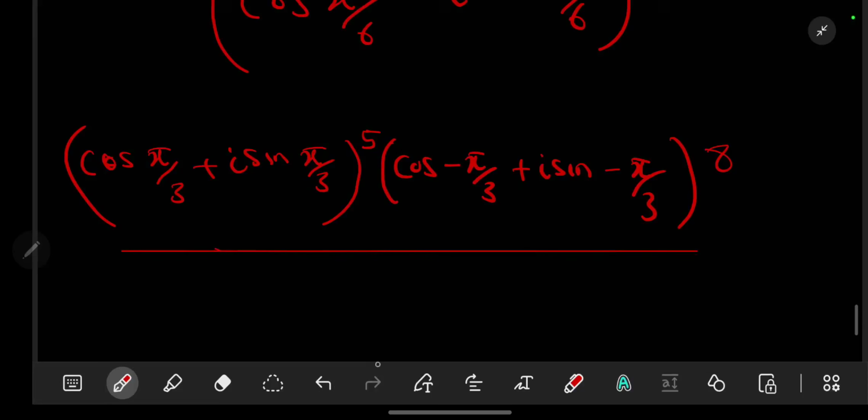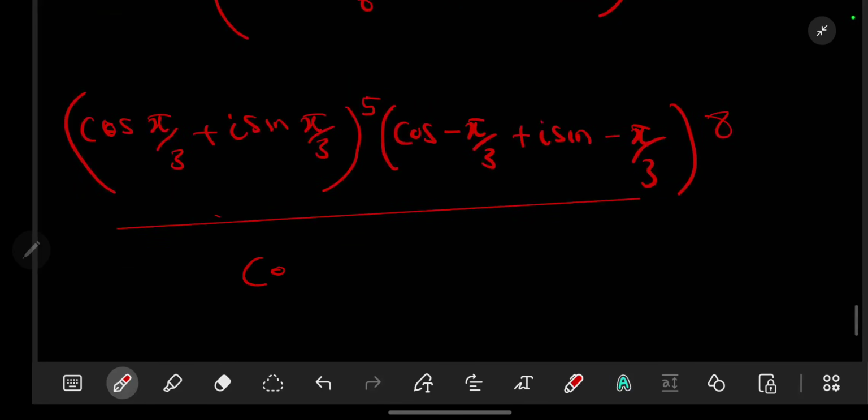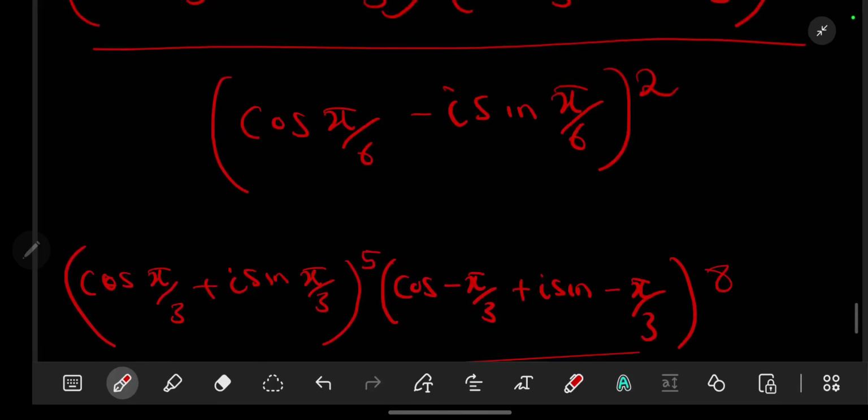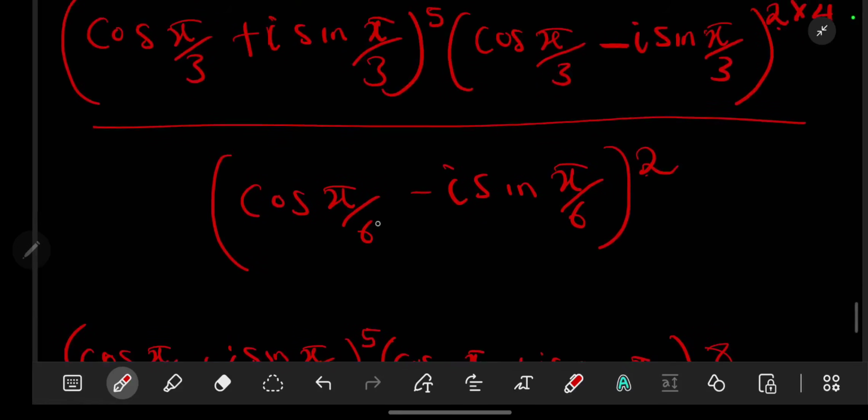Then this is divided by, what do we have? We have the cos of, now what we are going to do is that we want it to have 3. When you multiply 2 by pi over 6, it will reduce to 3.